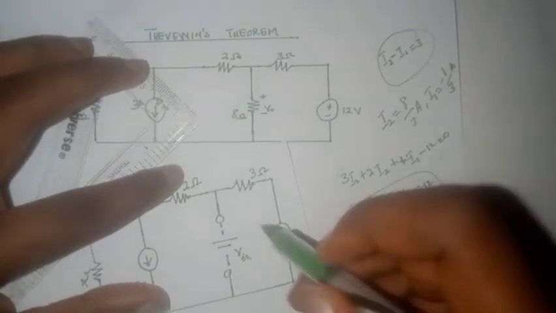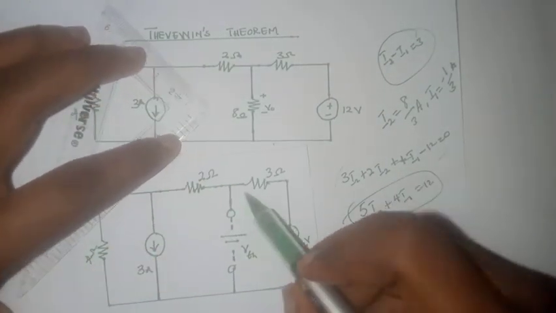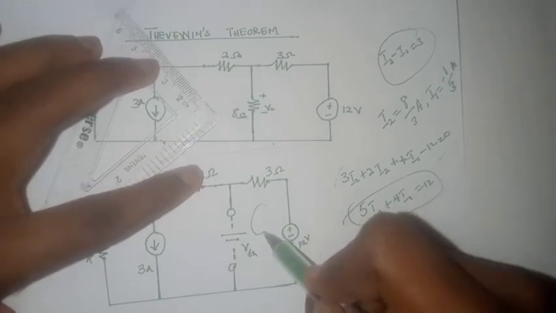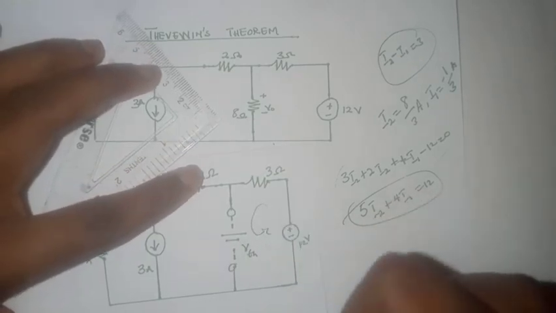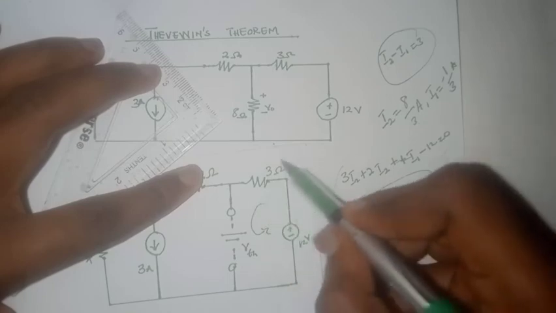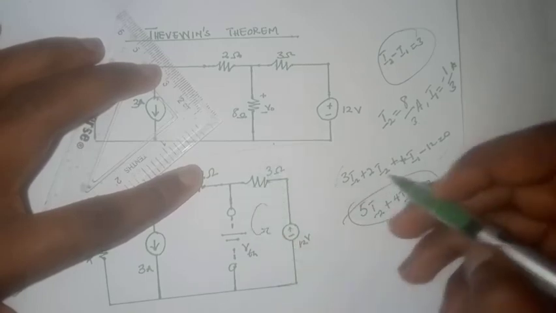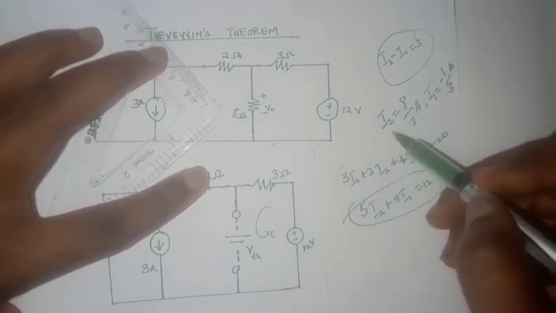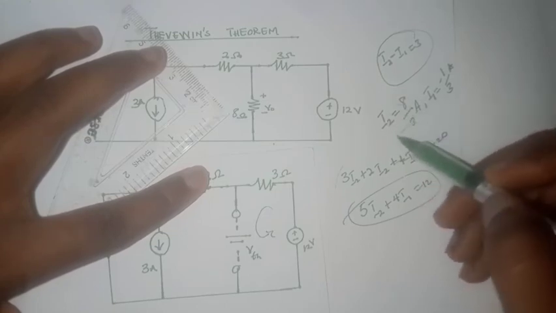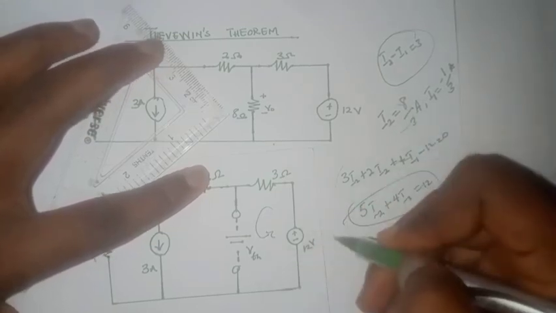Now we can just take a loop, say we can take this loop, and write a KVL equation in the loop. Don't forget that we already know the current flowing through this resistor is I2, that is 8 over 3 amperes.